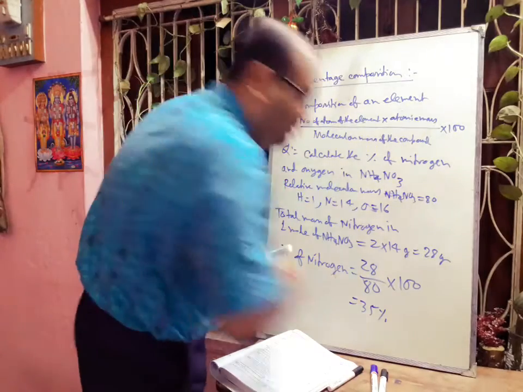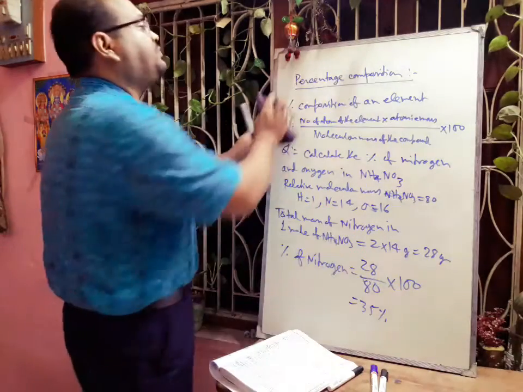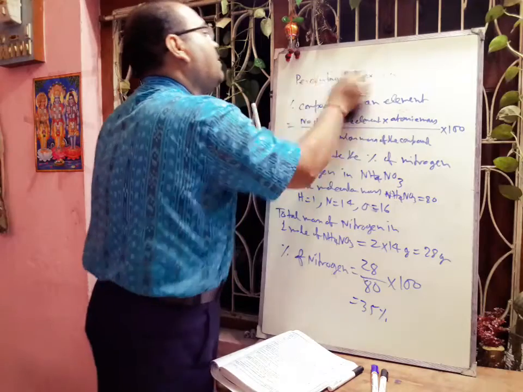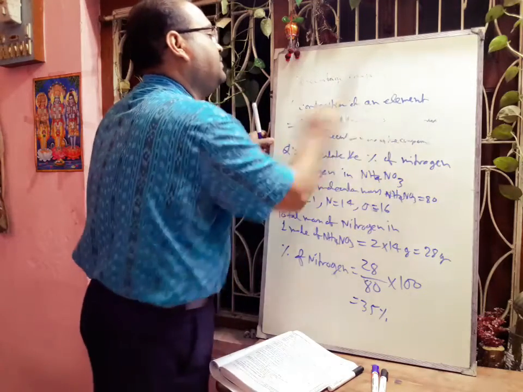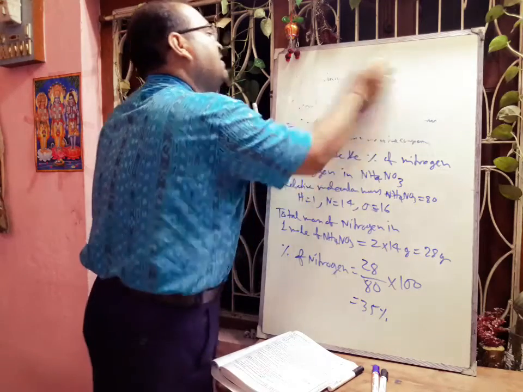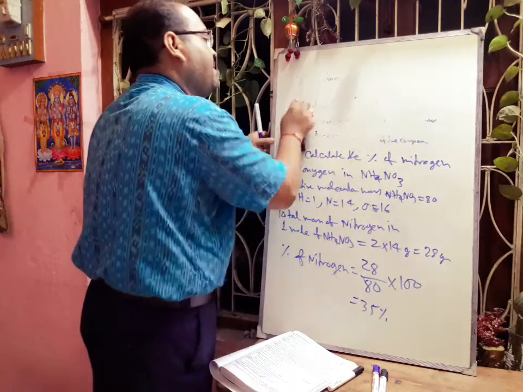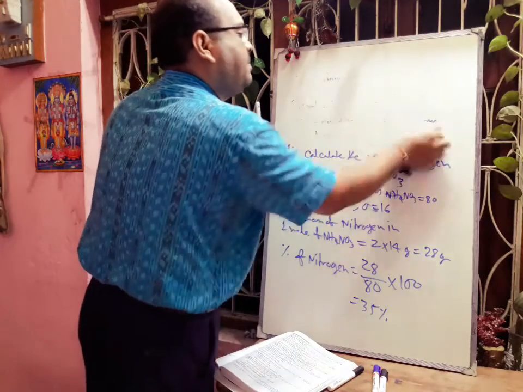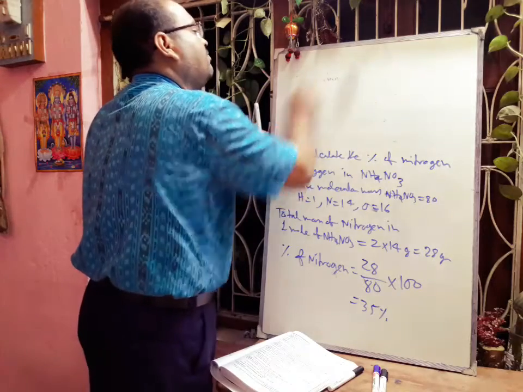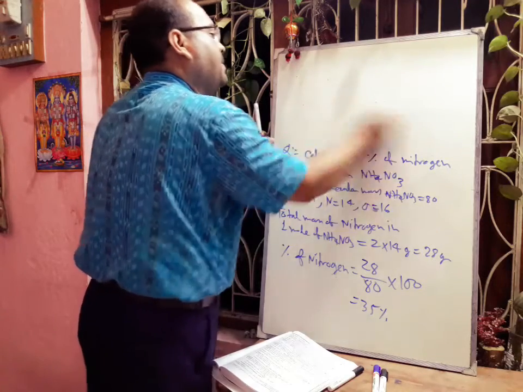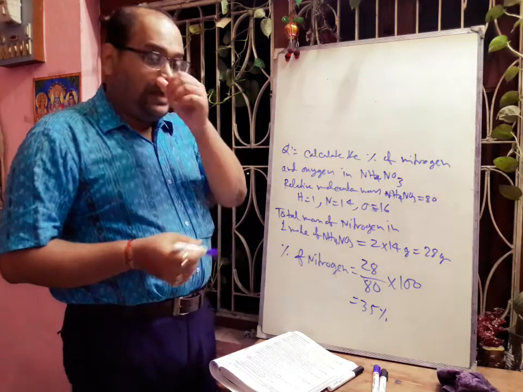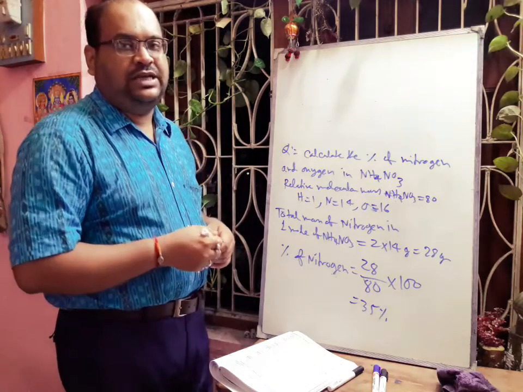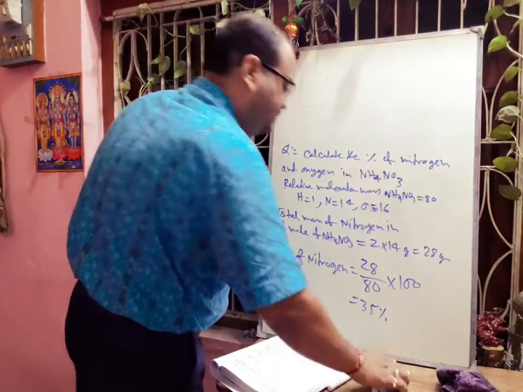Next we want to calculate the percentage composition of oxygen. First we have to calculate the total mass of oxygen in 1 mole of NH4NO3.